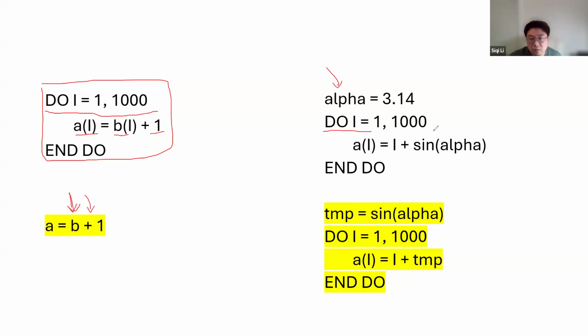So this is the second example. Within this loop, we have a sine alpha, but this one is the same for all the iterations. So actually, we can first calculate it at the beginning and then use this value for each iteration, so that we can save the calculation time.